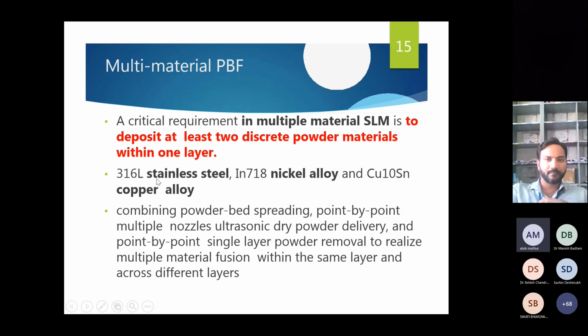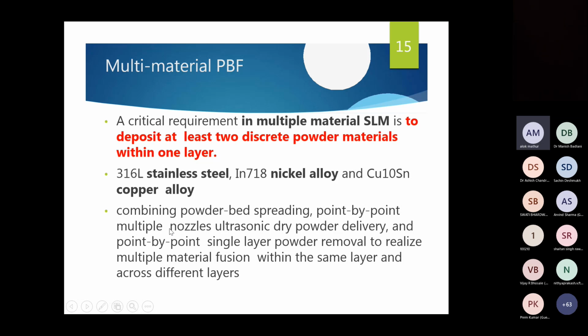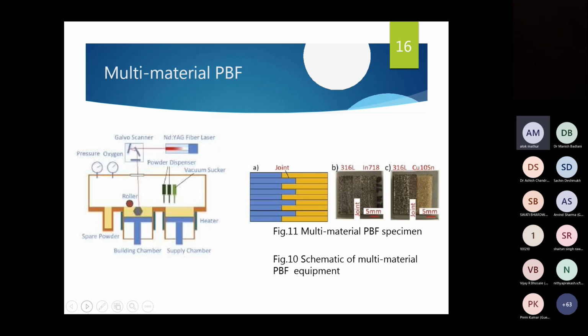So 316L stainless steel, 718 nickel alloy and Cu10Sn copper alloy. These are three materials. Combining powder bed spreading, point by point multiple nozzles, ultrasonic dry powder delivery, and point by point single layer powder removal to realize multiple material fusion within the same layer and across different layers. So this is a further advancement in the PBF method.